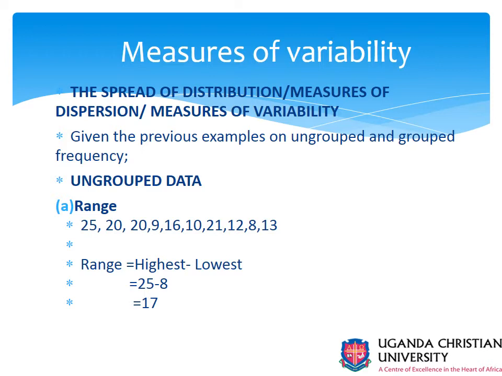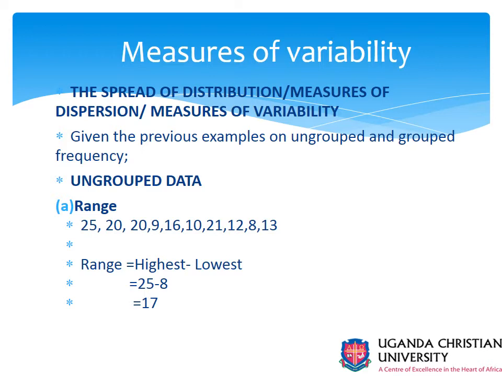However, in this recording, we are going to look at a few of them. We're going to look at the range, the variance, and the standard deviation of both ungrouped data and grouped data. To what extent are the observations deviating away from the mean, or from the measures of central tendency?